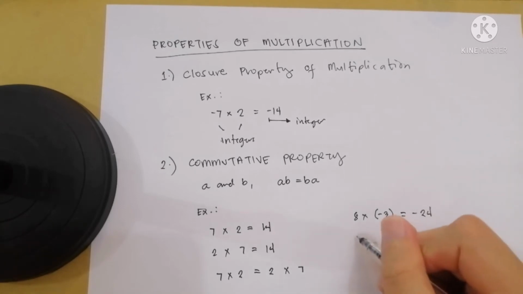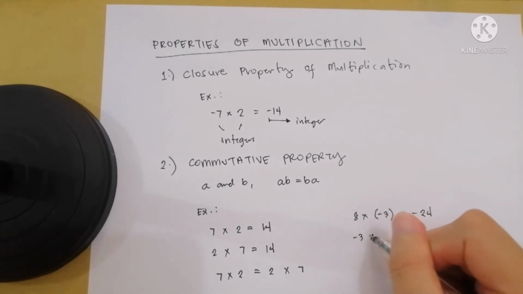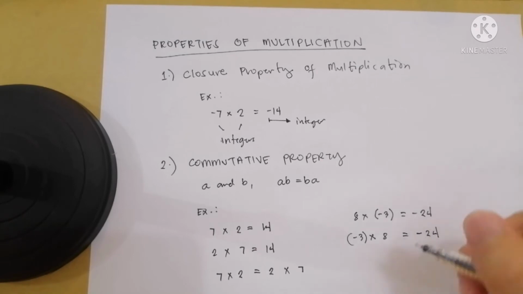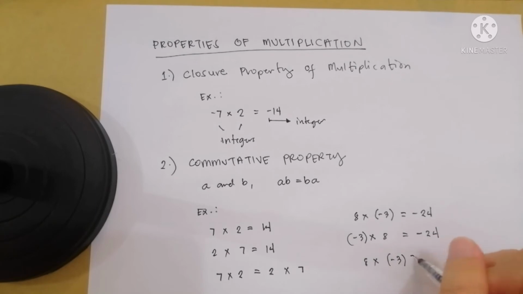And if you're going to multiply negative 3 by 8, we also got the same product, which is negative 24. So in other words, 8 times negative 3 is also the same as negative 3 times 8.